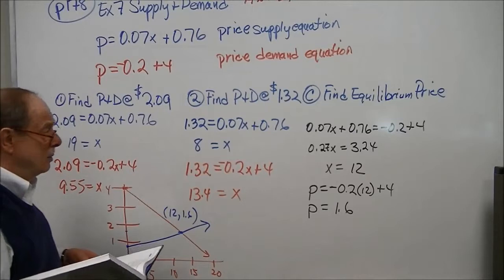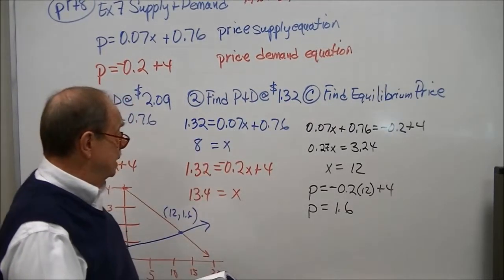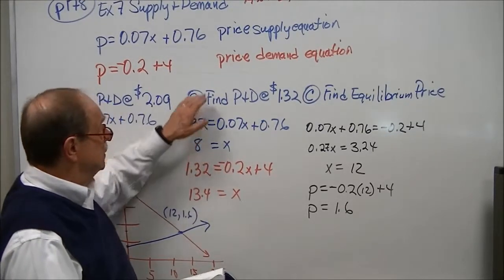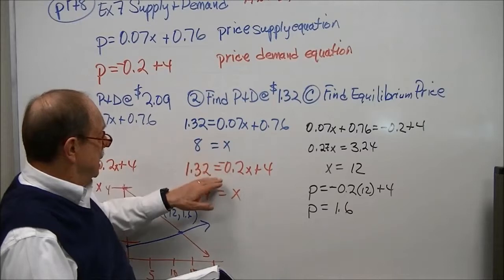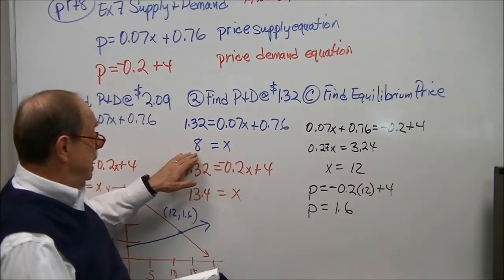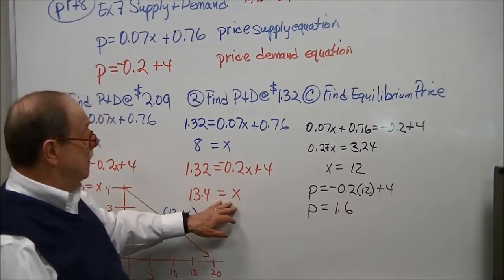And then they said, how about if the price was $1.32 per pound? Well, again, I put it there for the supply, and I put it there for the demand, and we get 8, and we get 13.4.